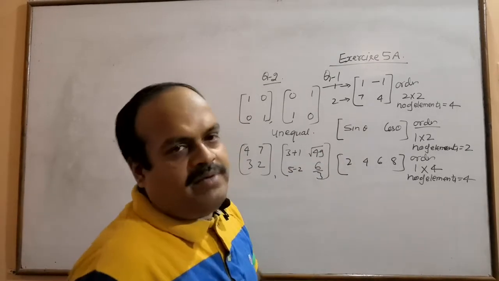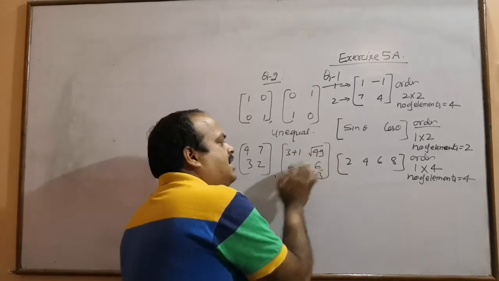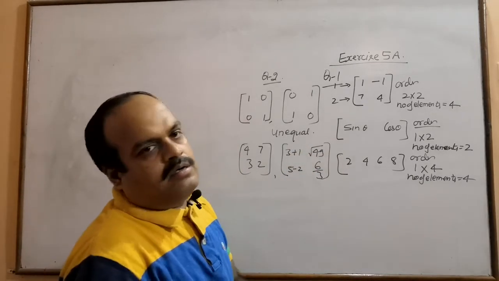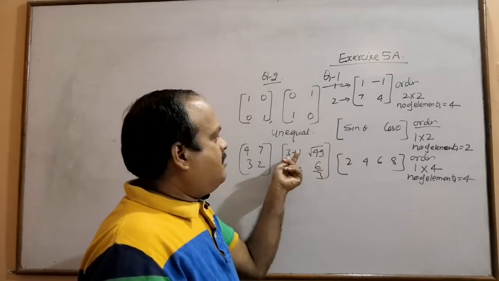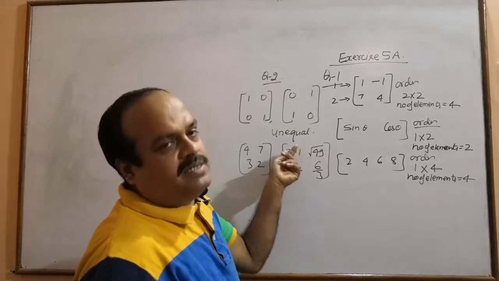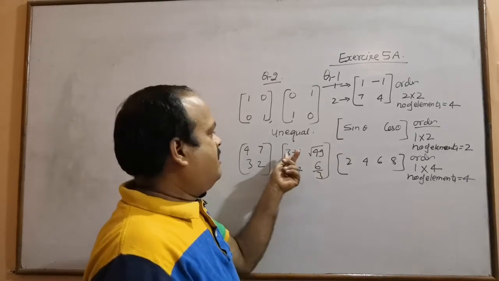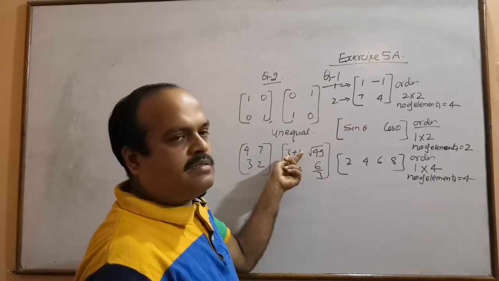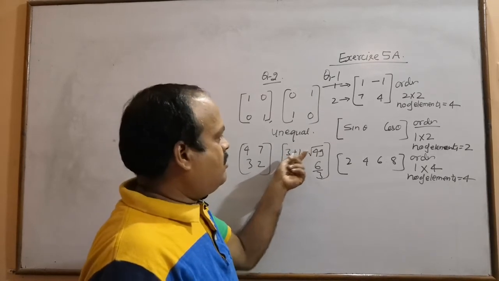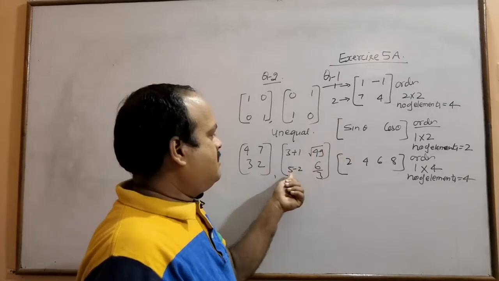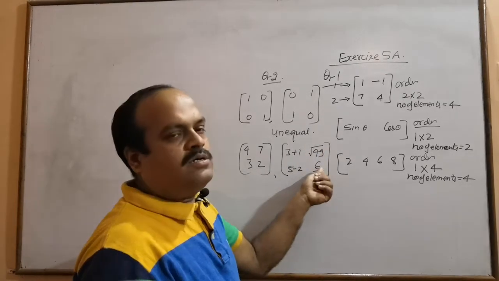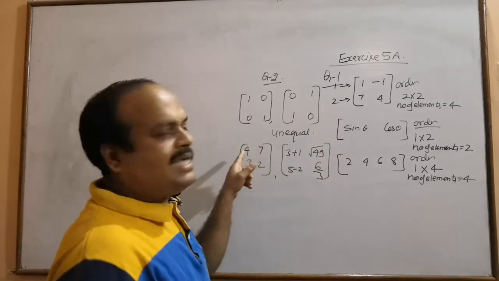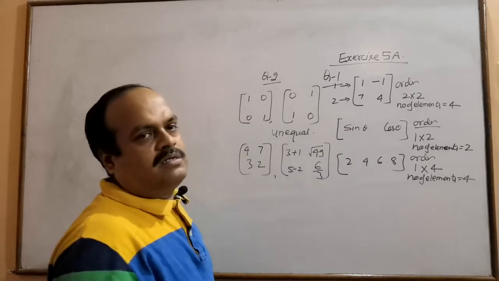On simplifying each of the elements written here, we get the elements as 4, 7, 3, 2, which is the same as the first one.